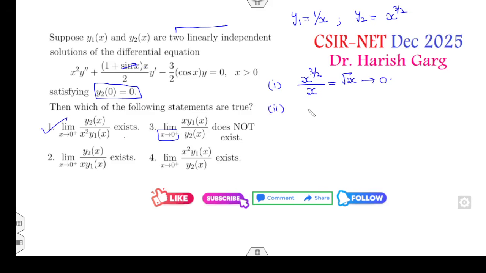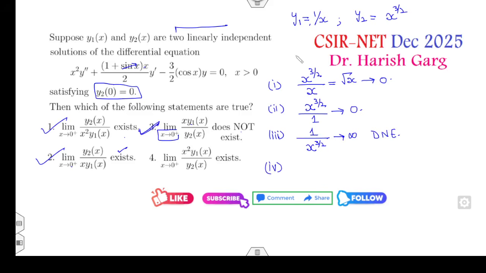Look at the second option, y2 divided by x into y1, 1. It goes to 0 as x approaches 0, existence. Fine. Look at the third option, x into y1, 1 divided by x, which goes to infinity. That means the limit does not exist. Yes, this option is also correct.